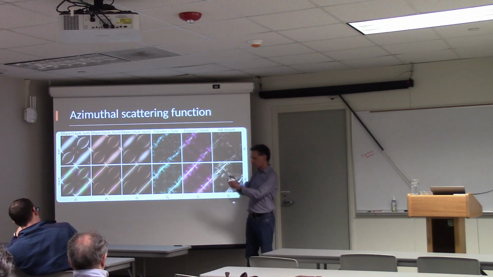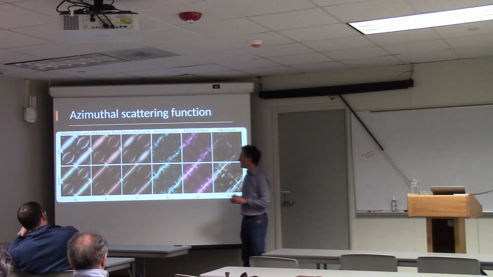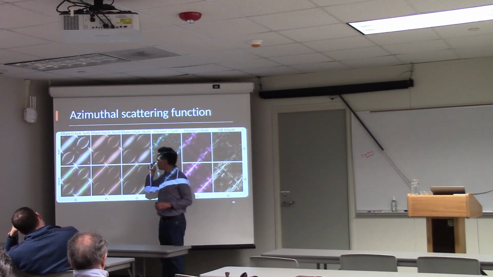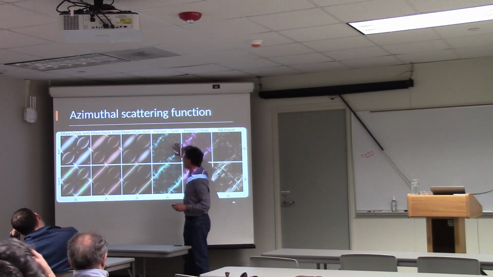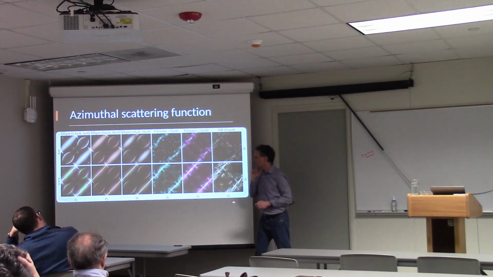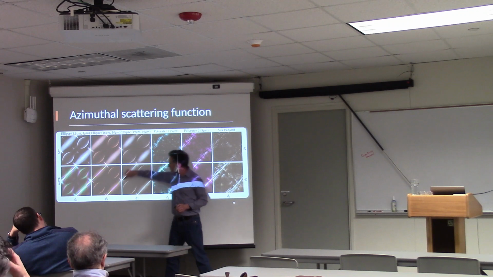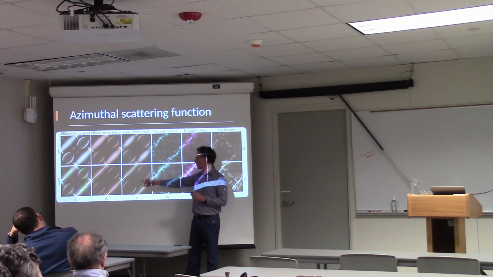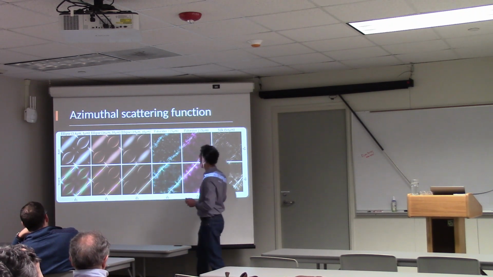One horizontal row is all of the configurations that are going to a particular direction. And I guess, in the interest of time, the thing to observe here is that here are simulations using conventional ray models, and here are the outputs of the wave model. There are a few things that are different here. This bright line here is the forward direction, and it seems like there's a lot more light concentrated in the forward direction in all of these examples.